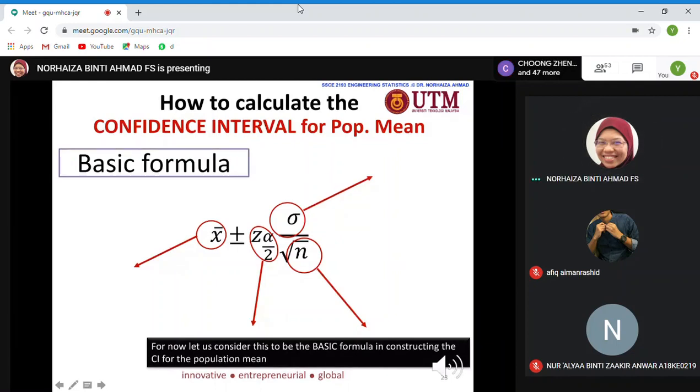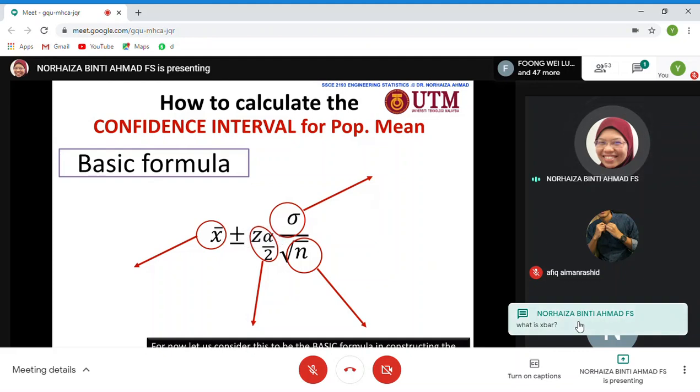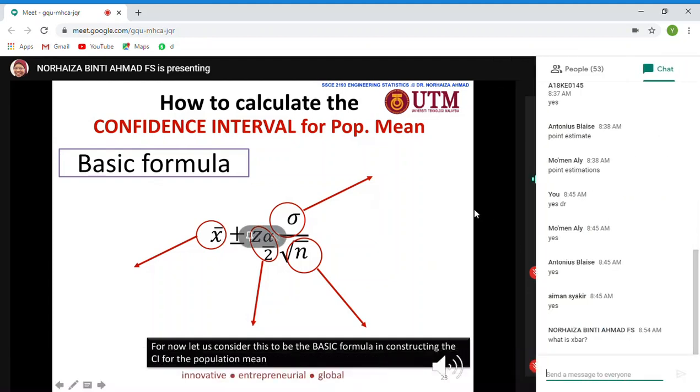What is x bar? I'm going to ask the same question all over again because people seem to forget. What is x bar? The sample mean, okay. And what is sigma?